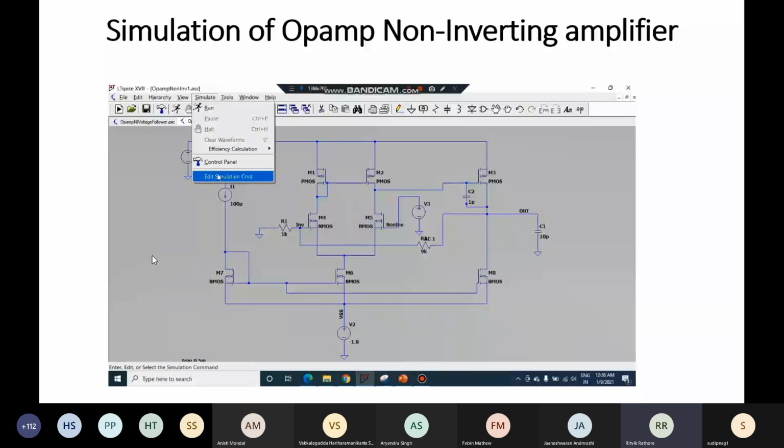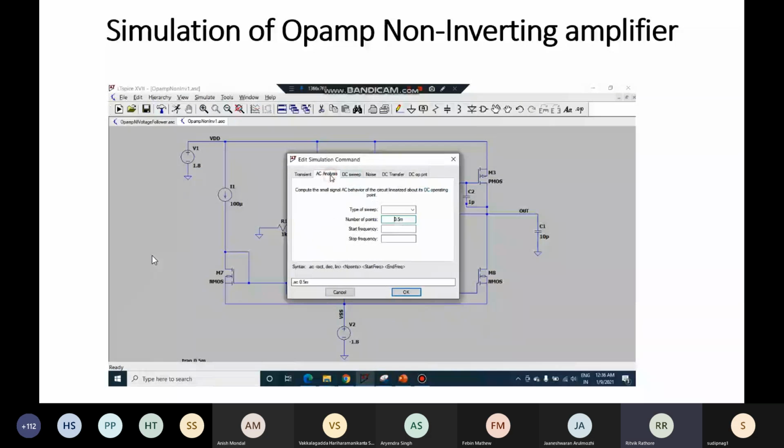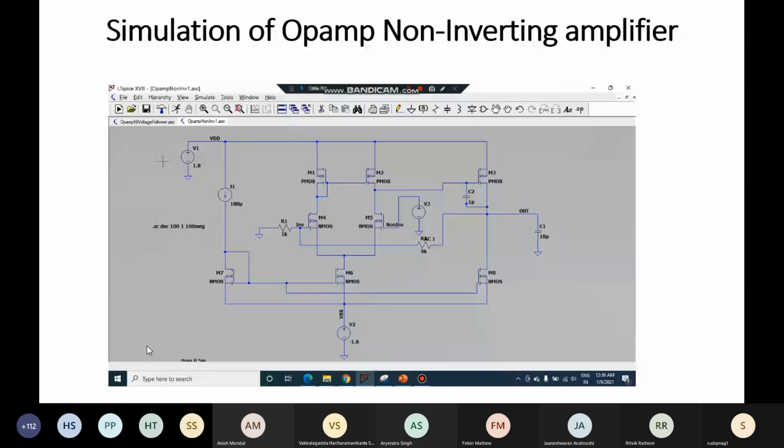Now go to simulate, edit simulation command, AC analysis. Type of sweep will be decade since we want a Bode plot. Number of points, 100 we can select. And start and stop frequency, same as the previous case, 1 and 100 megahertz respectively. Now let's run the simulation.